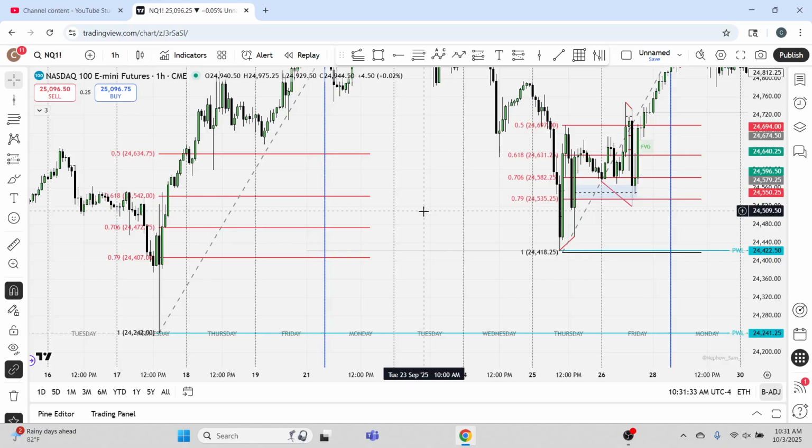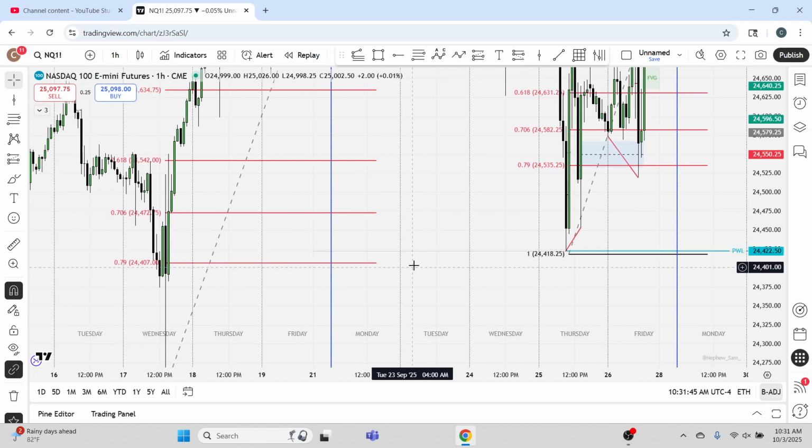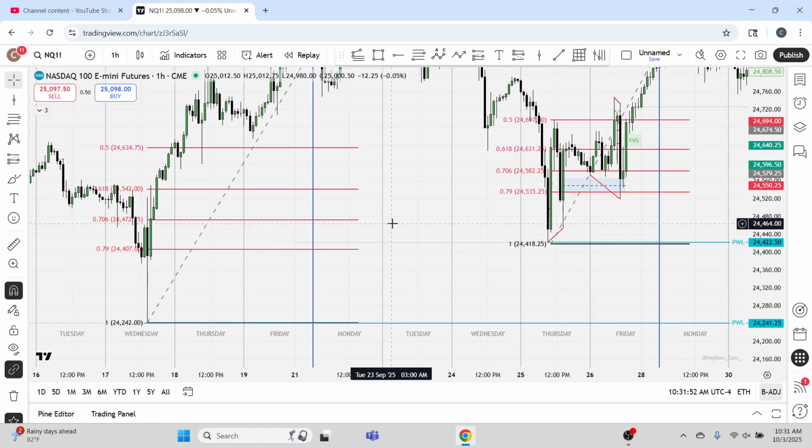We end up heading deeper into the discount through 0.706 and closer to 0.79. We were about 10 points away from hitting that. That just shows you how close Fibonacci can get you accuracy-wise if you're watching it.